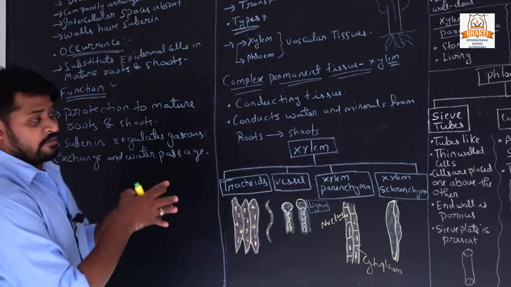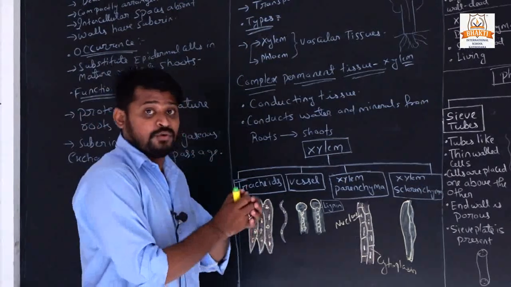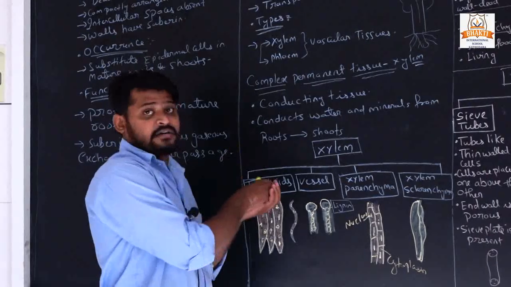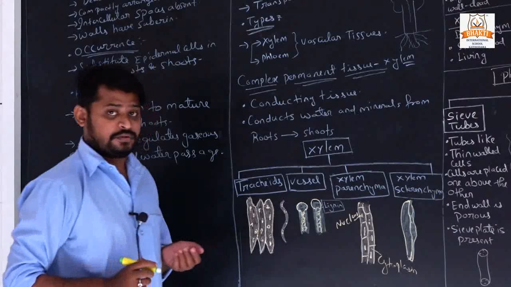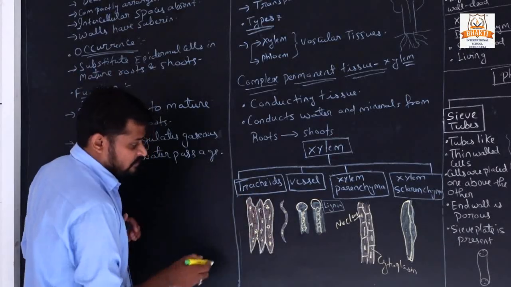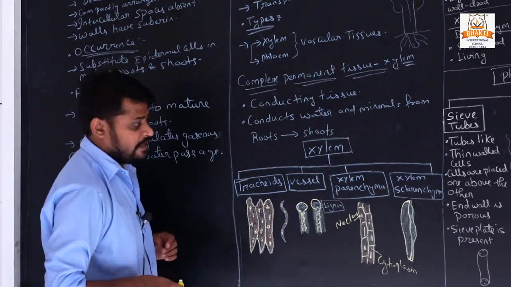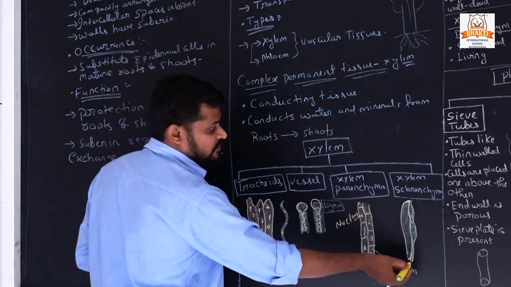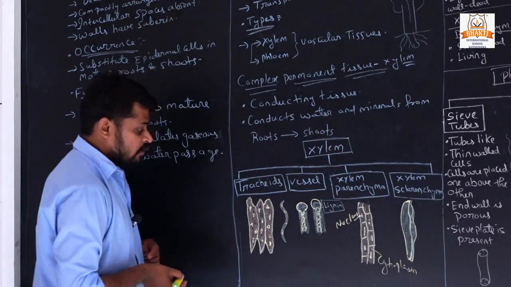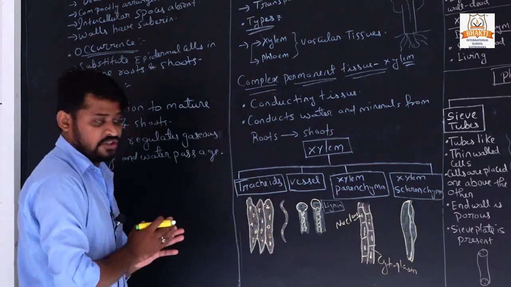So these four combine and make a conducting tissue, which conducts water and minerals from roots to shoot. You will see here the structure of tracheid, the structure of vessel, the structure of xylem parenchyma, and the structure of xylem sclerenchyma. We will study one by one, starting with the properties of tracheid.